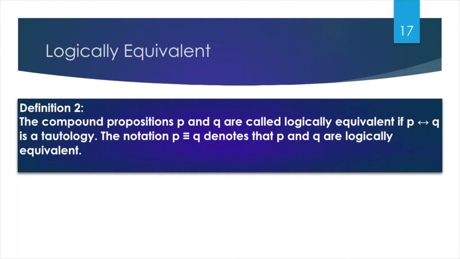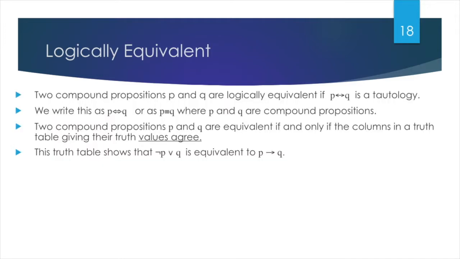That notation is an equal sign with another symbol, P is equivalent to Q. It's not the equal sign as you use in calculus, it's an equivalent sign. This means that the truth values of P and Q are the same. Let me now give you some examples of that.